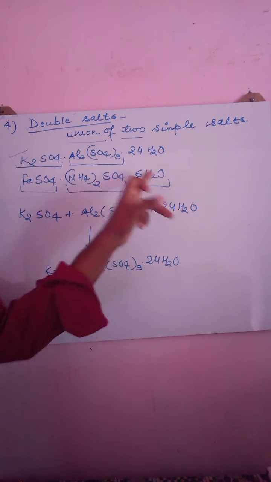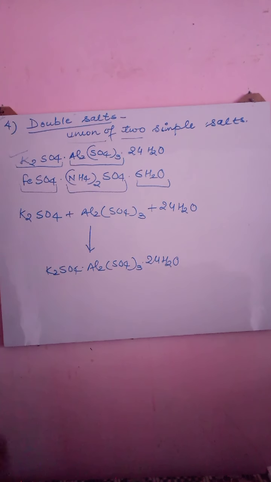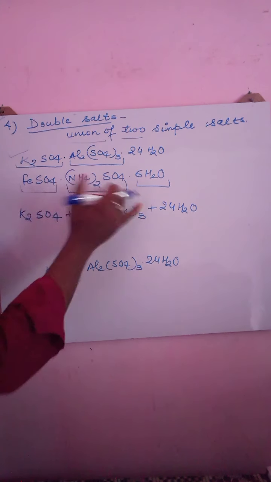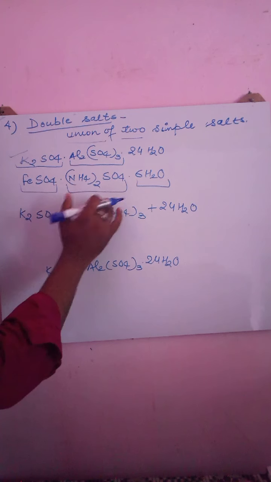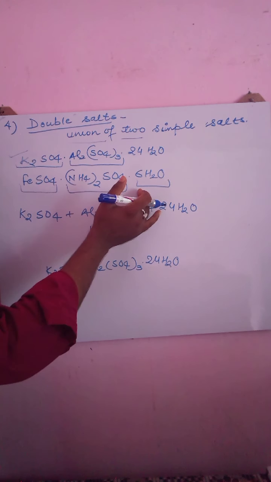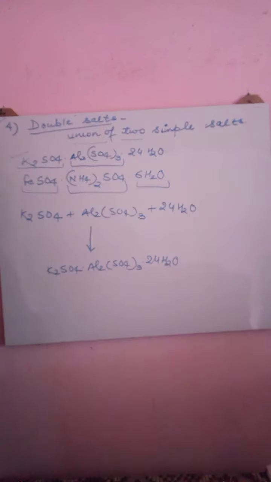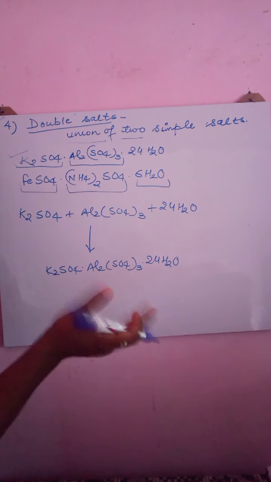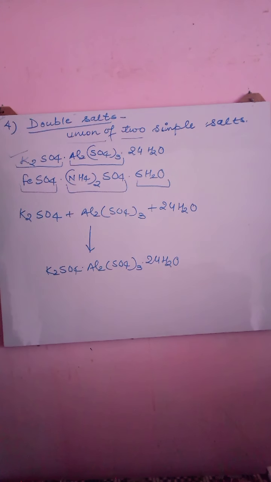That's why I am saying 6H2O. Then they are dissolved into the water. After dissolving, they undergo the crystallization process and crystallize to form Mohr's salt, ferrous sulfate, ammonium sulfate.6H2O. This is called a double salt, and in this way, double salts are prepared.